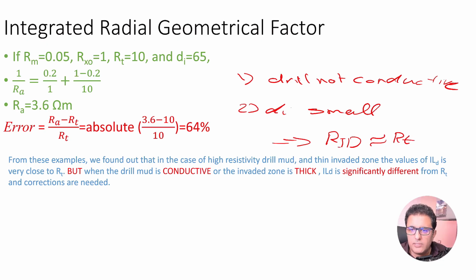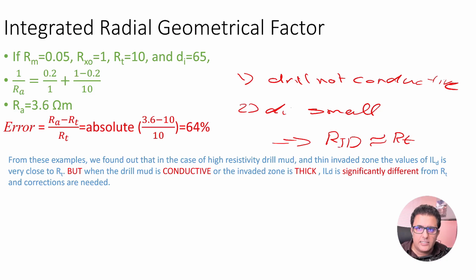If these two conditions are not met, it is possible that the readings of the dual induction logs, when the drill mud is conductive, are not that reliable, so we have to use another logging tool. But now assume that the drill mud is not conductive but has a little bit of conductivity due to the fact that fresh water has some minerals.